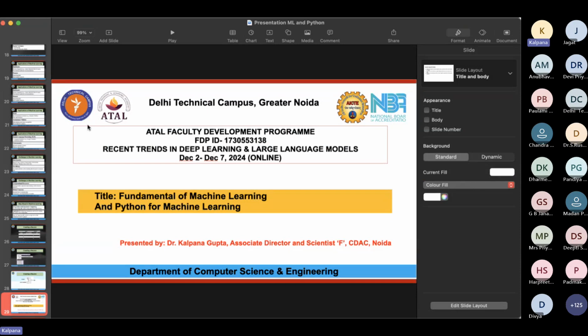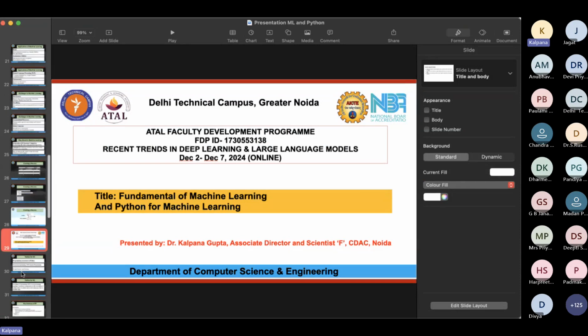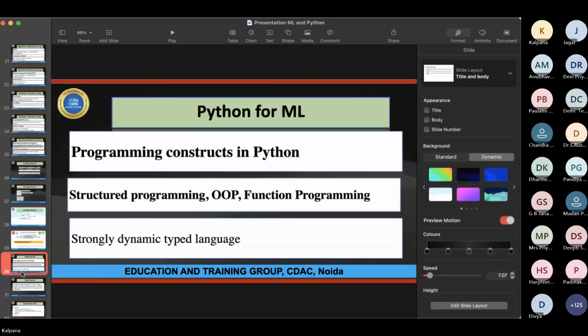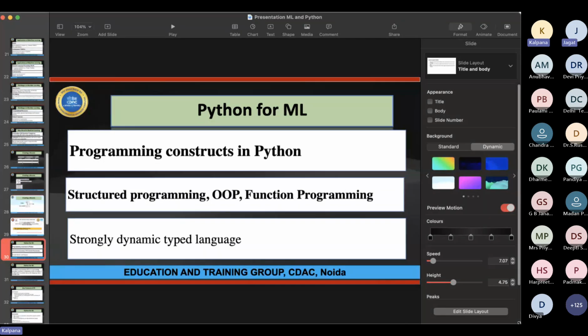Is the screen visible to you? We'll quickly go through it because there are many things. We'll just go through the steps. Everywhere Python is being used for machine learning. Why?